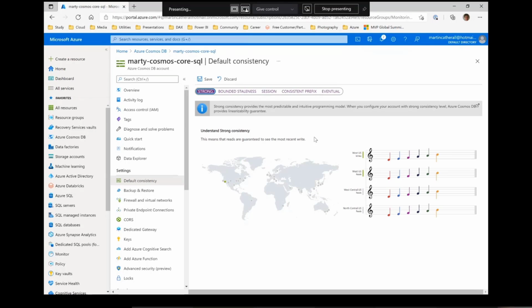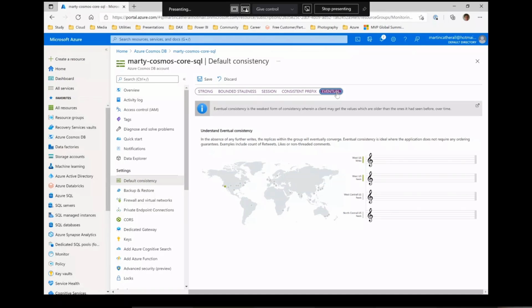That means every replica around the world has to be consistent before anyone can see that data. And you might understand that if you've got a lot of models around the world, you've got a lot of latency, and that could lead to a lot of problems. On the other end of the scale, we've got eventual consistency, something that you might be familiar with in social media.